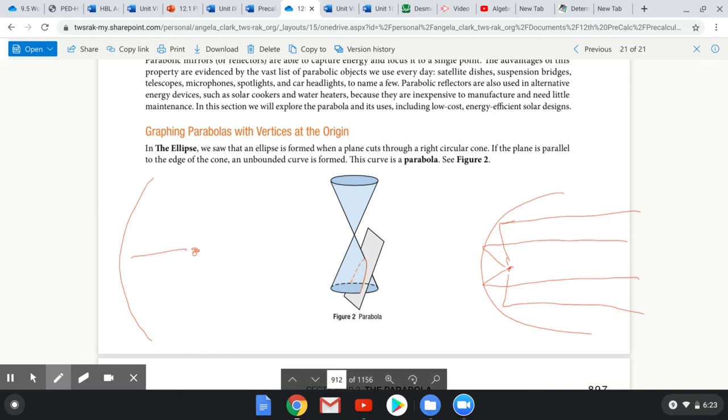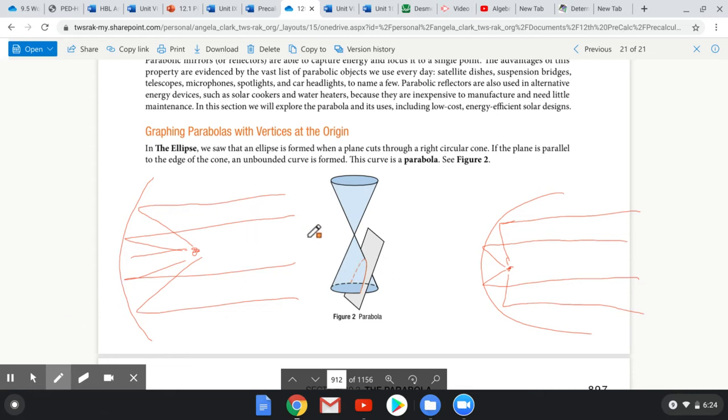And so all of those radio waves, or whatever waves satellite dishes pick up, are coming in, they're bouncing off the surface of the satellite dish, and they're being redirected to the receiver, which is at the focus. So that's one way that we can use parabolas, is receiving information and directing it to the focus.